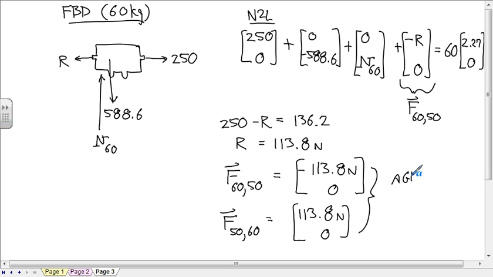So this agrees with the other approach, within our round off error.